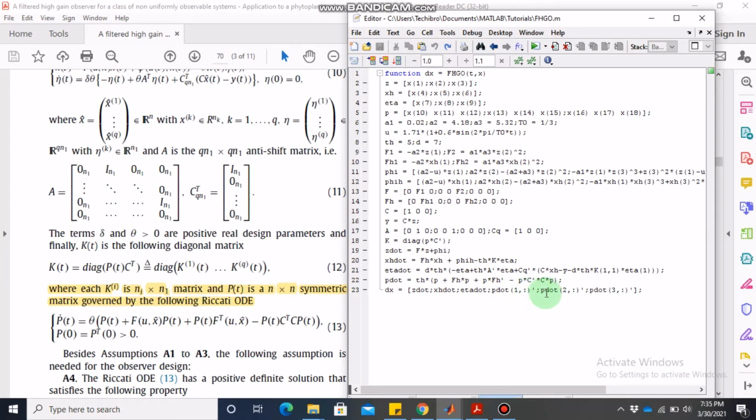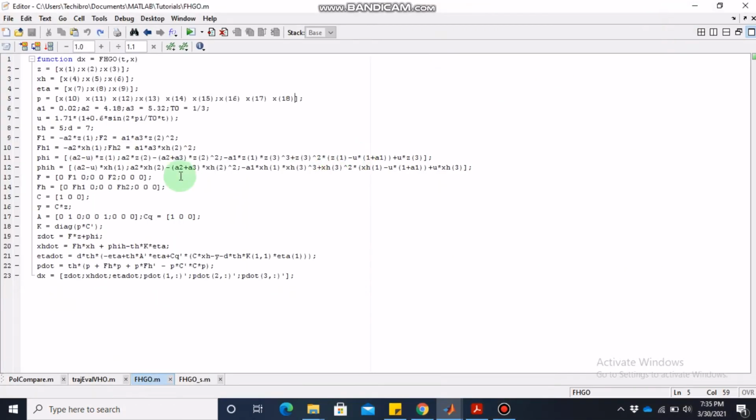Then you have to take the transpose to make it a column, because dx is a column vector of 18 entries. So you have to keep the arrangement of the states appropriate, otherwise there will be errors. At the least you can just copy my code: pause the video here, take a screenshot, and then you're all set.